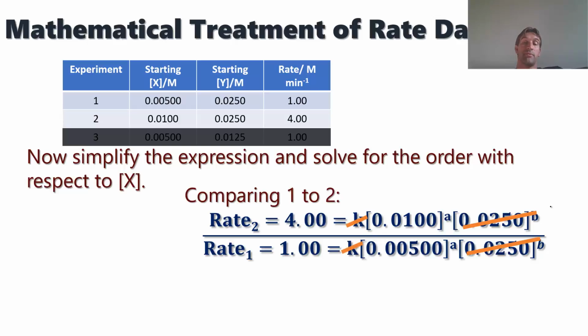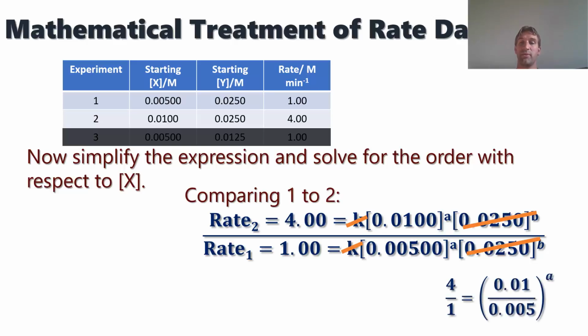Now, we don't know what the values are, but we know that k divided by k, anything divided by itself, will cancel out. Now, what this leaves us with is 4 over 1 must be equal to 0.1 over 0.005, all raised to the A.